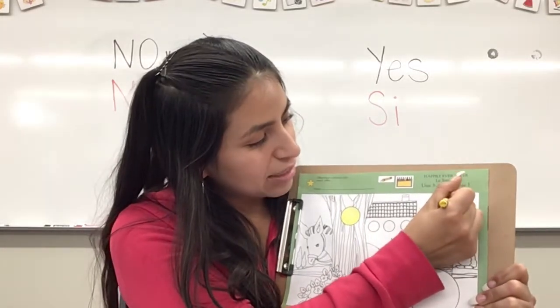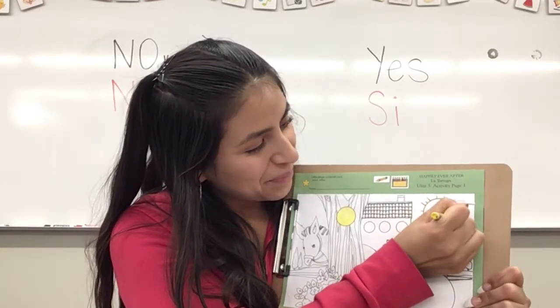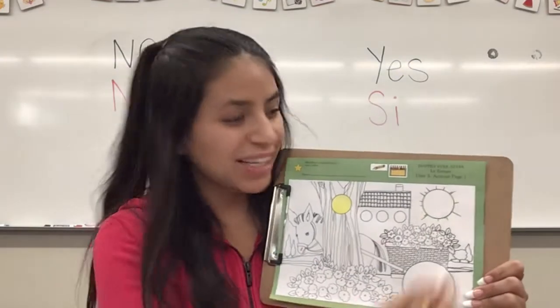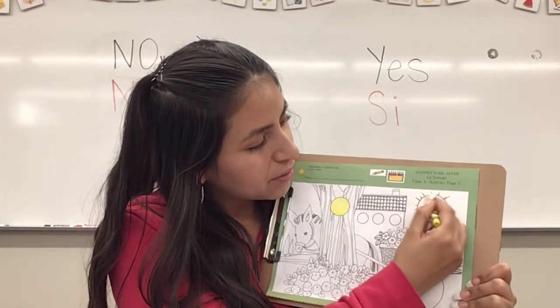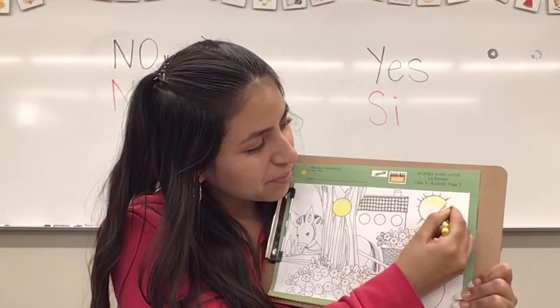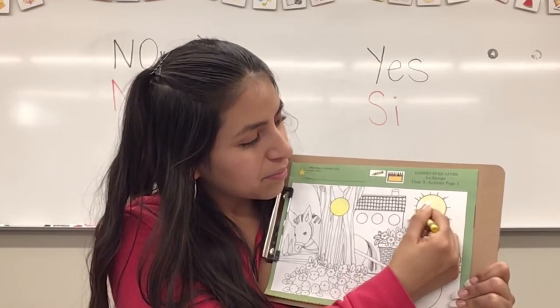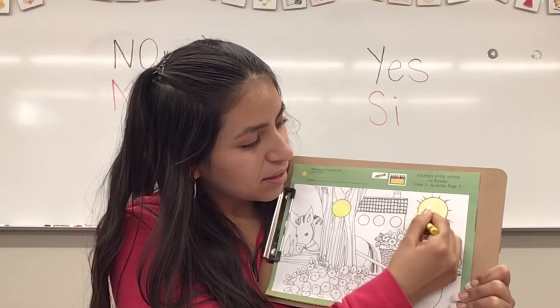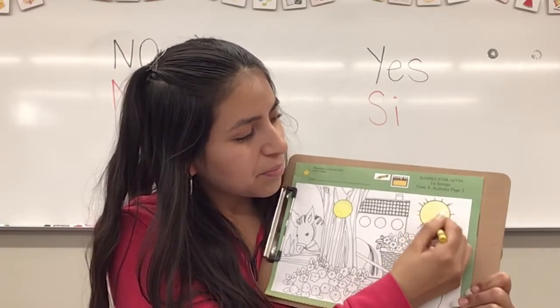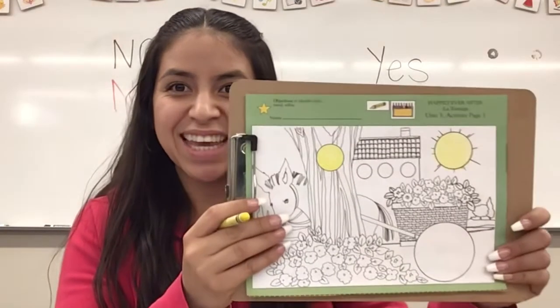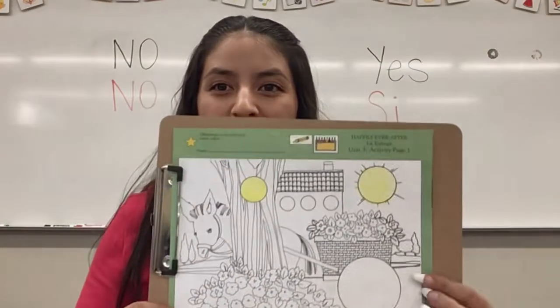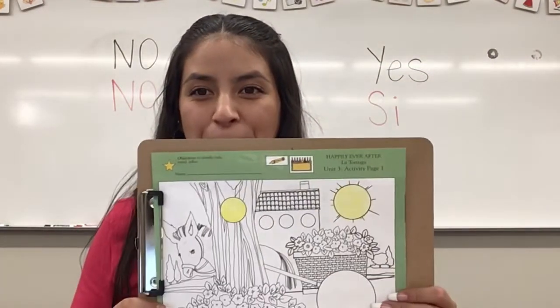I'm going to trace my sun, and now I will color it yellow with my yellow crayon. Just like that. All right, now let's go ahead and move on to our next question.